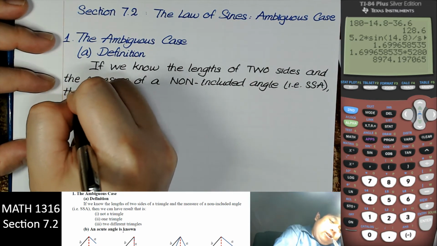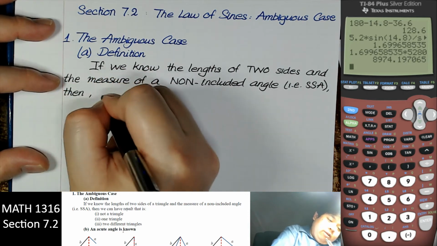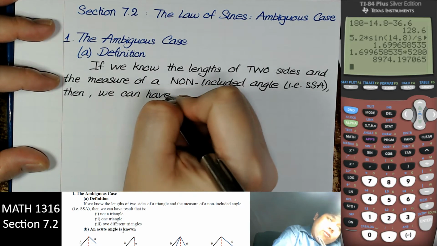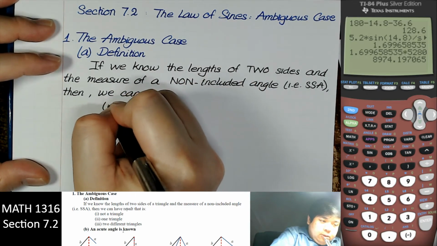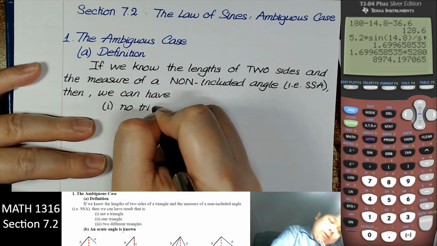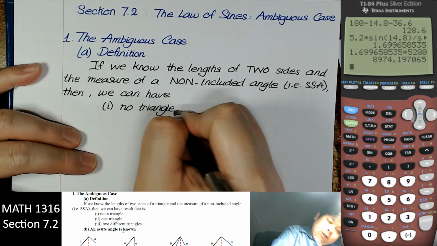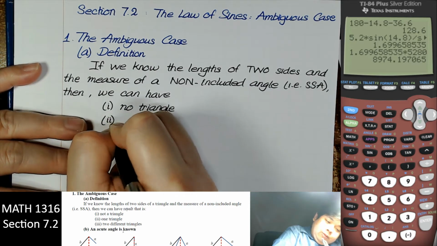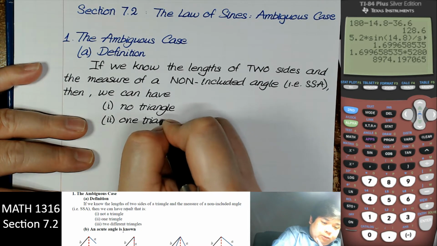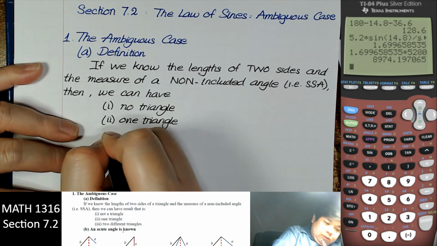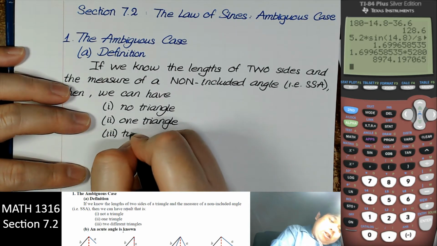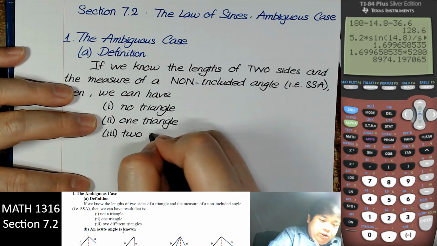Then we can have one, no solution, two, one triangle, and three, two different triangles.